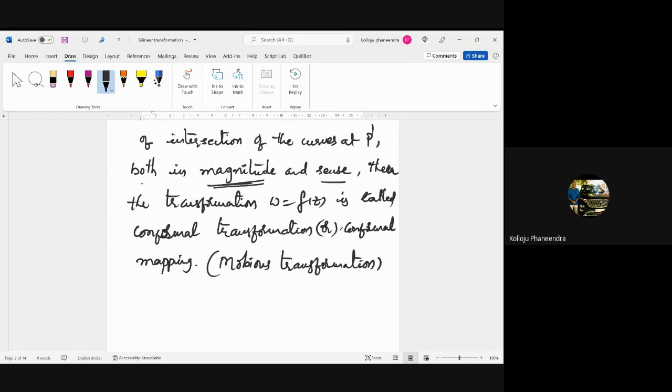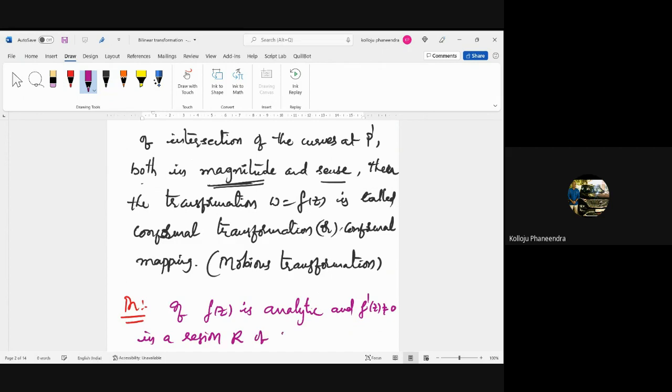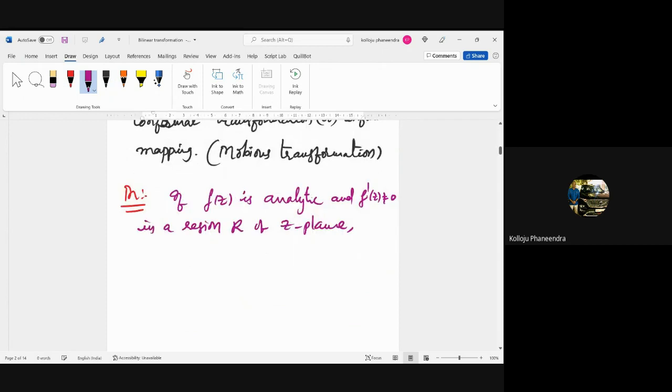Now, what is the condition? Actually, there is a theorem to identify whether the given mapping is conformal or not. What is that? If the function f of z is analytic, and f dash z is not equal to 0, means the derivative is never 0 in the given region R of z plane, z plane meaning the xy coordinates, then the mapping W equal to f of z is conformal.